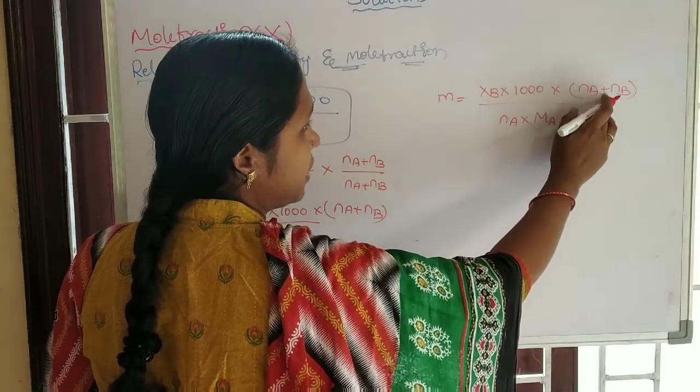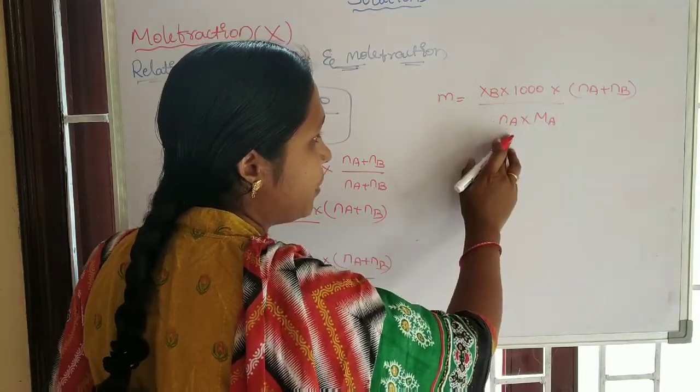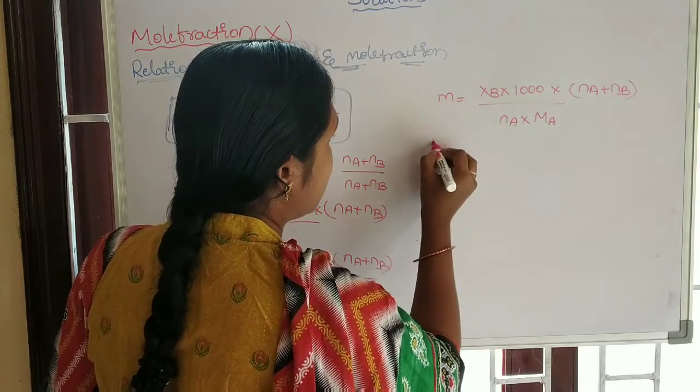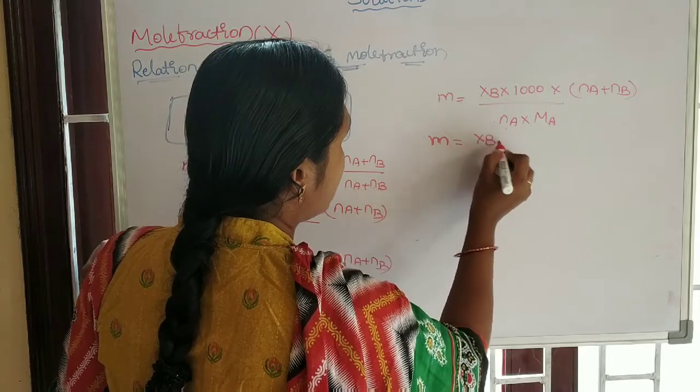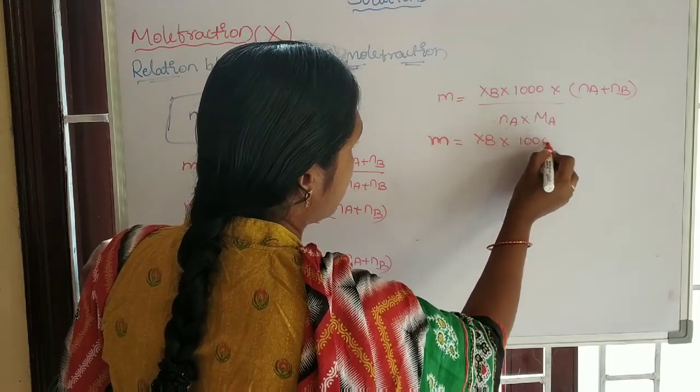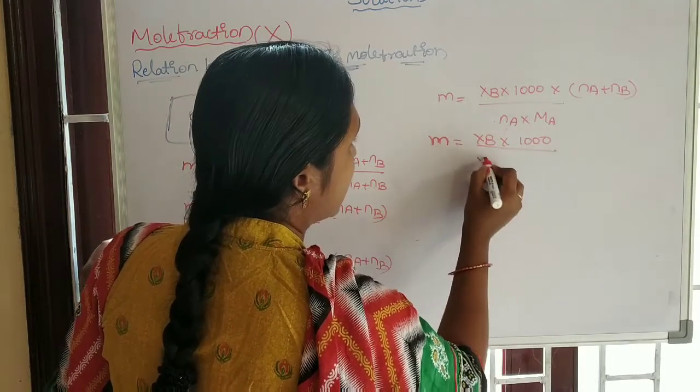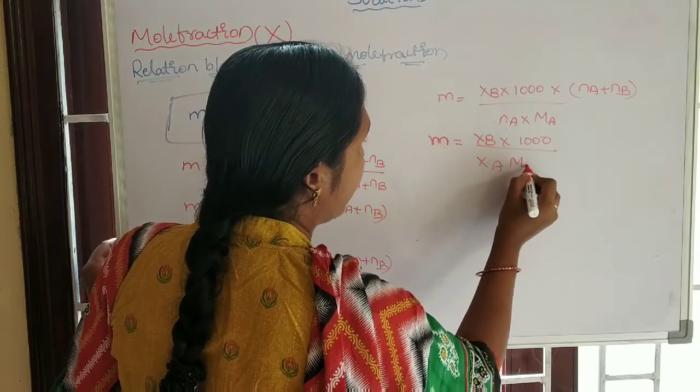Here the Na plus Nb coming to the denominator, it will be divided by Na, means small m, molarity, is equal to Xb into 1000 by Xa Ma.